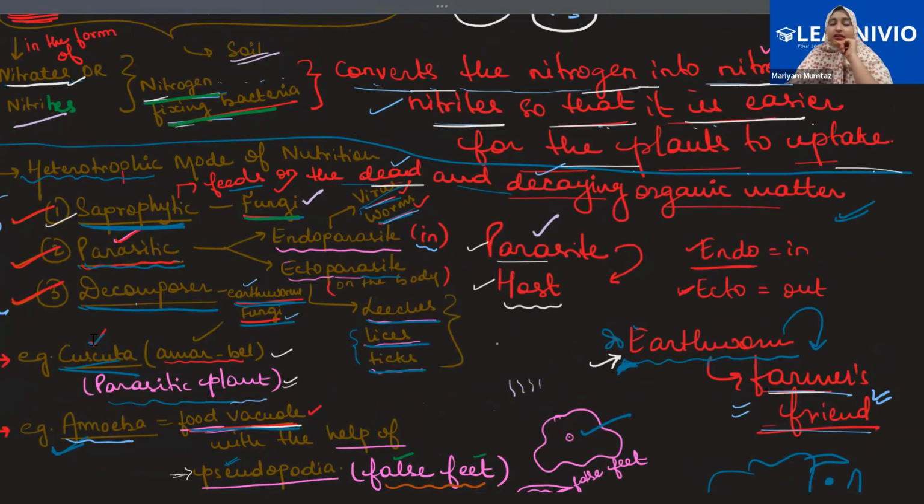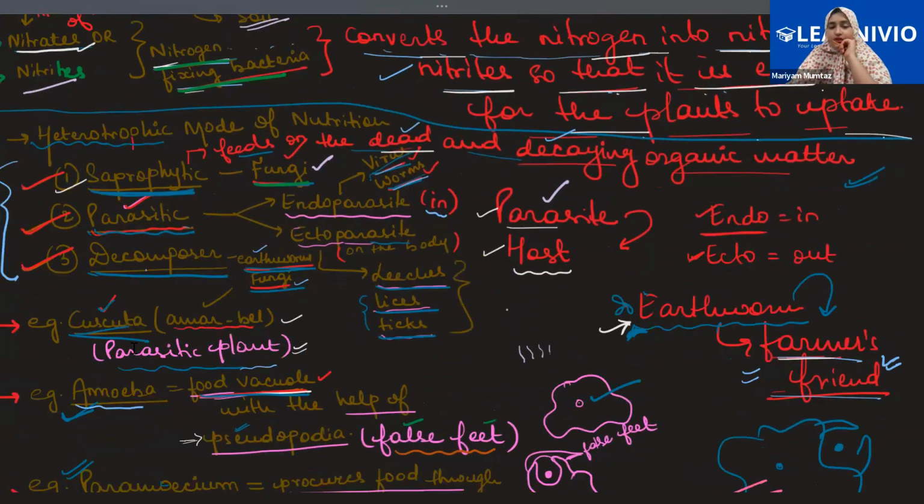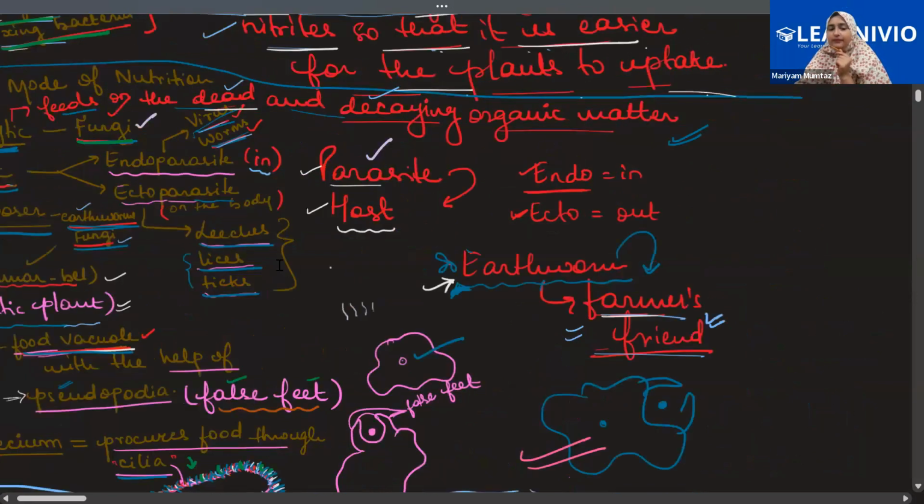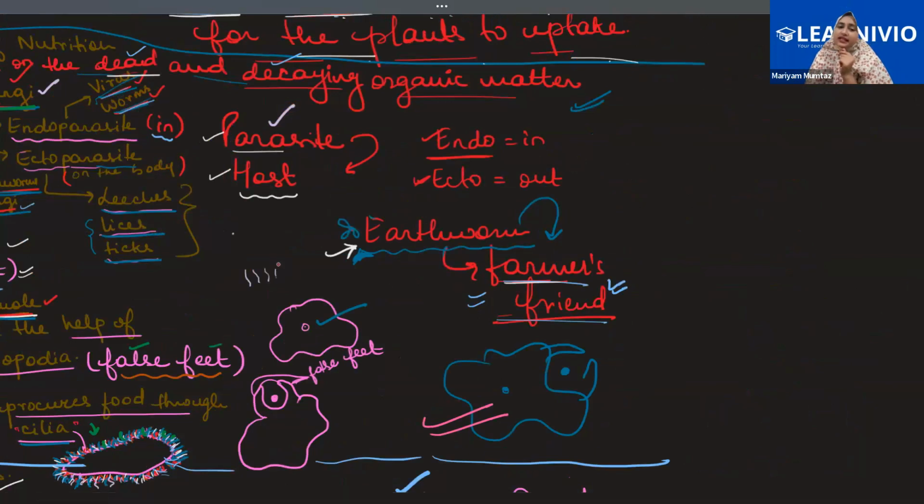After that comes along the third one, which is decomposer. Now, decomposer is just like saprophytic mode of nutrition, wherein the organism would feed upon the dead and decaying stuff and convert it into simple absorbable forms. This one is done by earthworm and fungi yet again. And because of this very reason, the earthworm is very commonly called the farmer's friend.